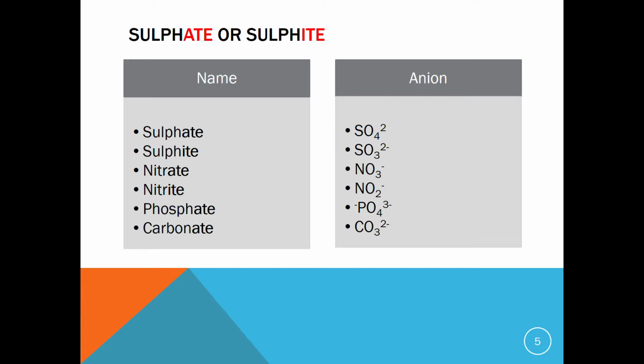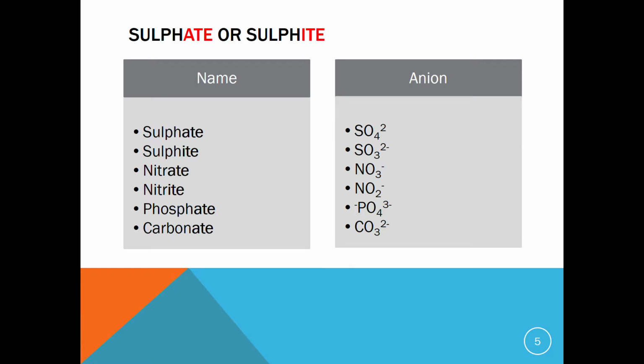Nitrogen here has a smaller number of oxygens and therefore takes the ending "ite", nitrite. Phosphate, PO4 3-, belongs to the most common ions as well as carbonate, CO3 2-. So far, remember just them.